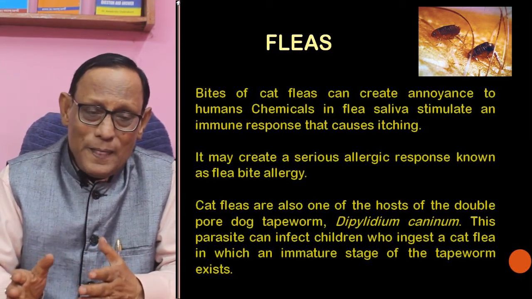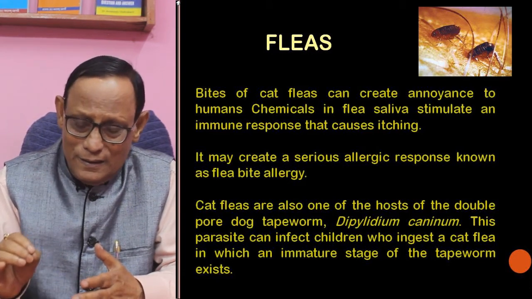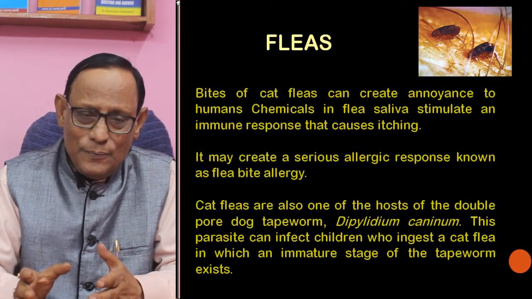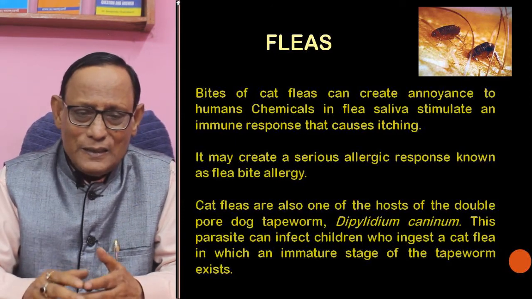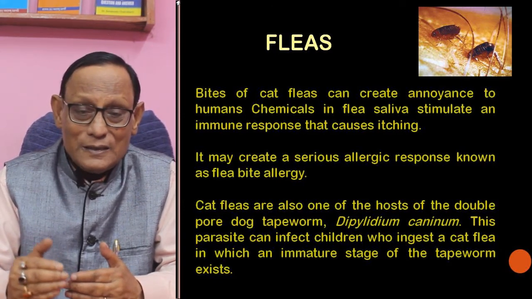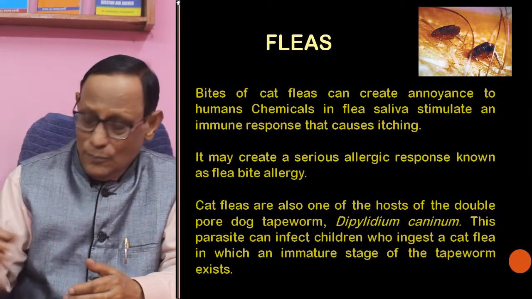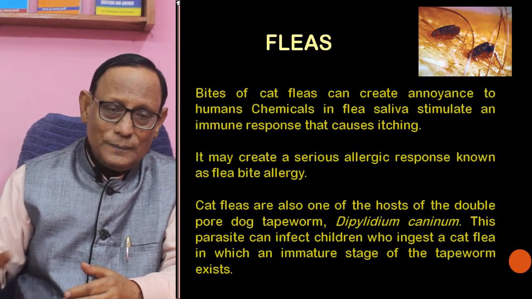Besides flea, again I tell you, if the flea is ingested by a dog, there will be a tapeworm, Dipylidium caninum. This is a parasite which can infect children who ingest a cat flea in which an immature stage of the tapeworm exists. Therefore, that is also important.